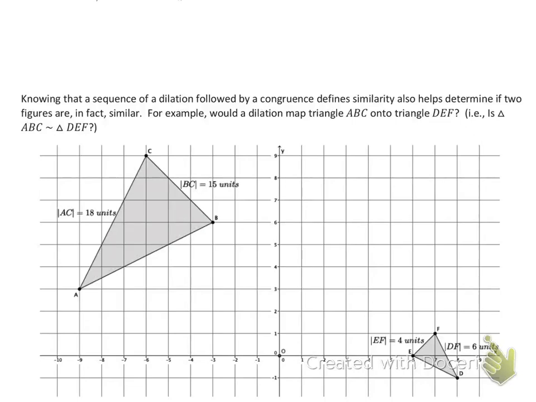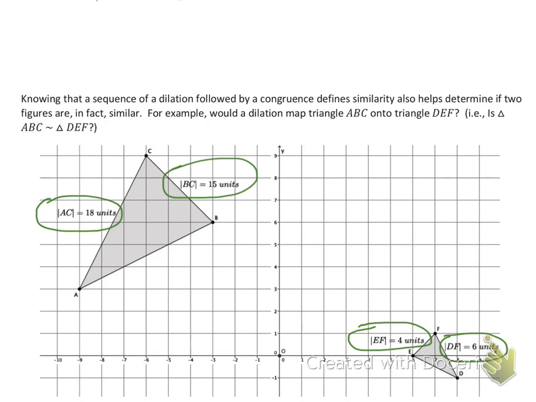Okay, so this next example says, knowing that a sequence of a dilation followed by a congruence defines similarity also helps determine if two figures are in fact similar. So here's the same diagram that we had a minute ago with slightly different dimensions. What if we were told that BC was 15 units, AC was 18, and then down here I had EF at 4 and DF at 6.